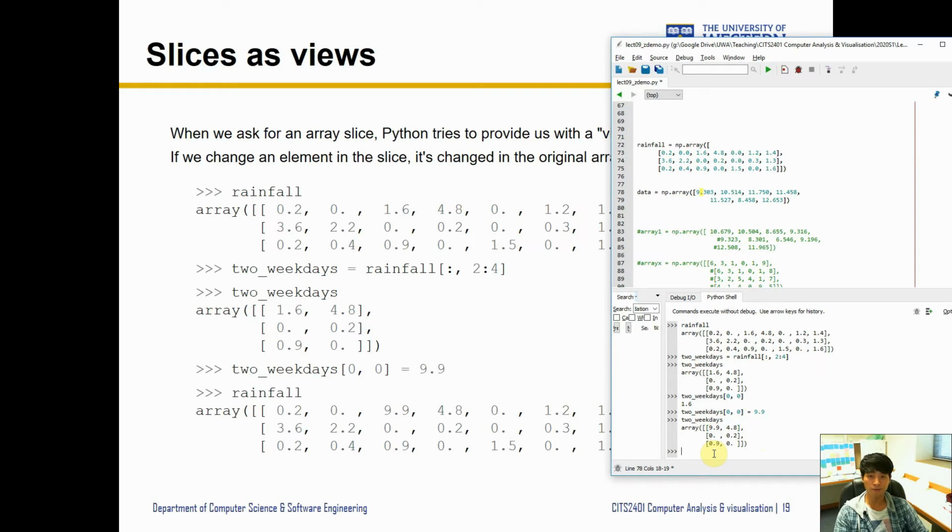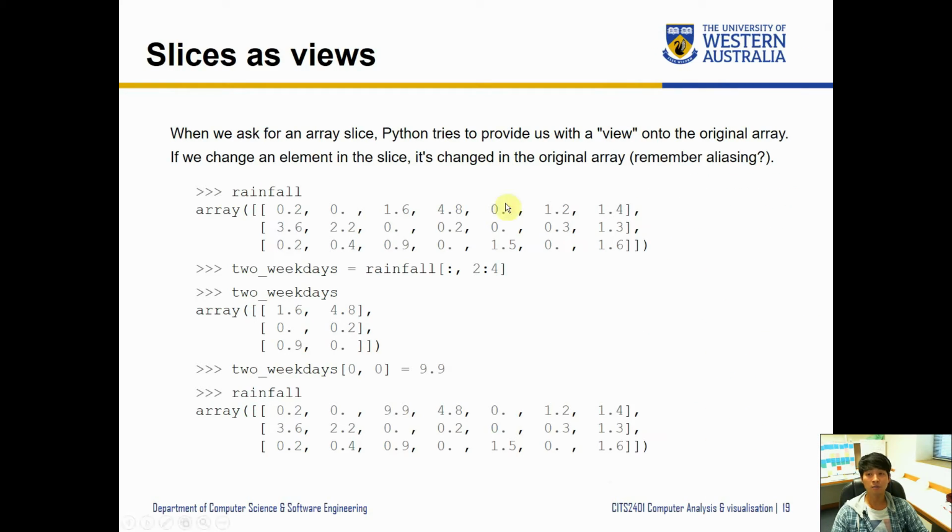That's fine, but what happened with our rainfall is that because this slice is chopped from the original rainfall, this 2 weekdays variable is actually pointing at the same values. Therefore, it also has altered the original data. So Python tries to provide us with a view of the original array.